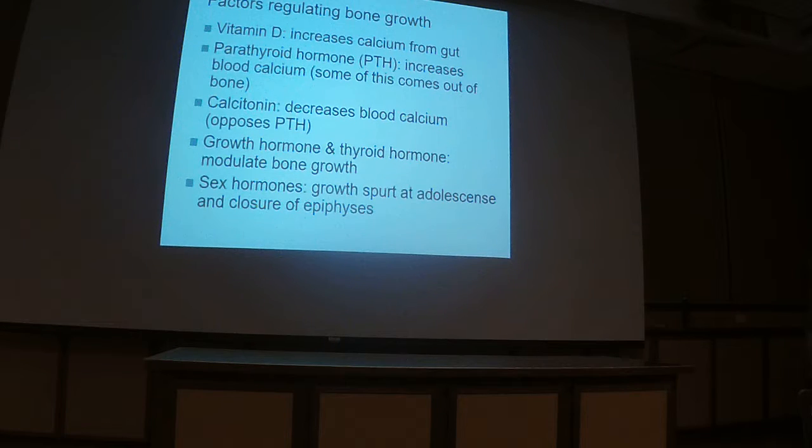This is what I told you: vitamin D is very, very important, because you can't get calcium to cross your gut if you don't have vitamin D. Parathyroid hormone is another one, controlling blood calcium. Calcitonin drops the calcium in your blood. So you've got all these things in your endocrine system that are there to control bone growth.